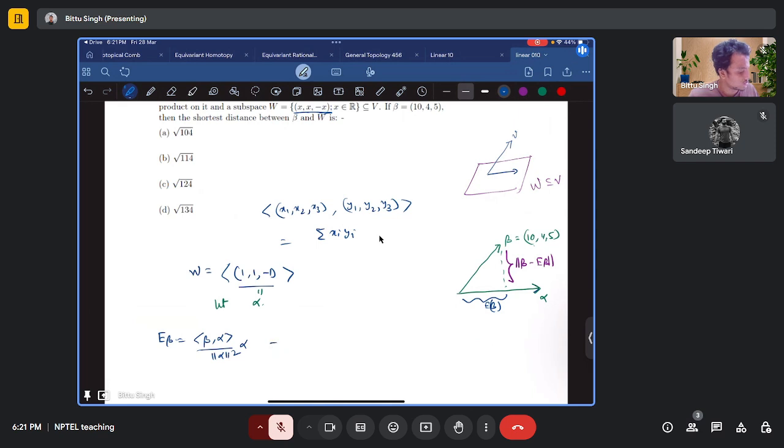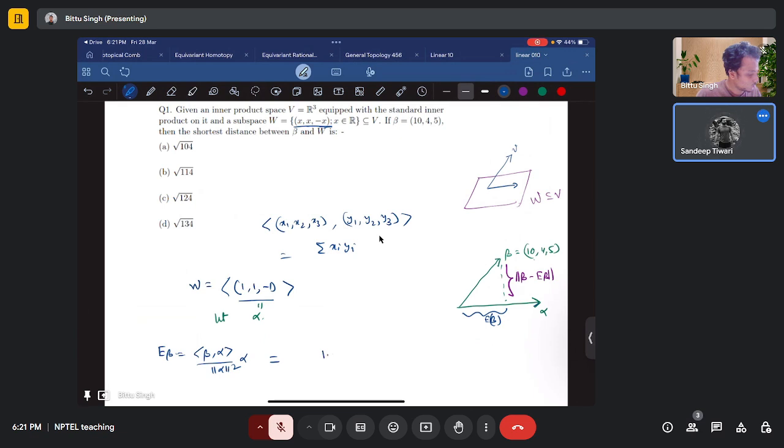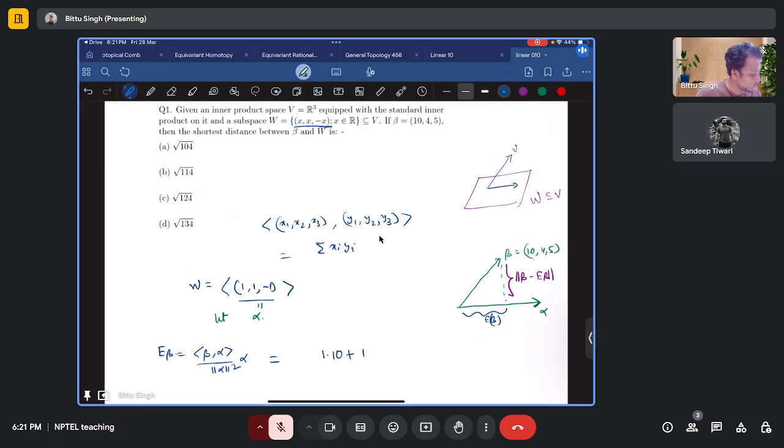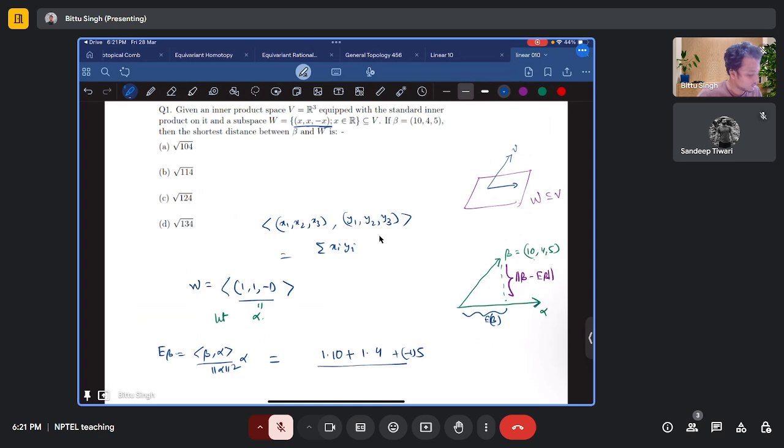E beta is the inner product of beta and alpha, which is 1 into 10 plus 1 into 4 minus 1 into 5, divided by the norm of alpha squared, which is 1 squared plus 1 squared plus minus 1 squared, into alpha.